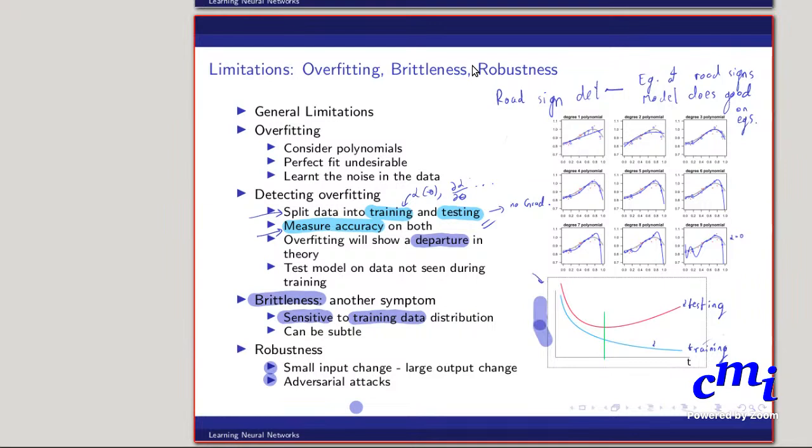Okay. I think we have to look at this a little bit more carefully because it is also not completely clear to me. Some people define it, maybe it is all related to this training data distribution. I've seen this being defined as: you remove a couple of data points from your training data set, and it behaves wildly differently.